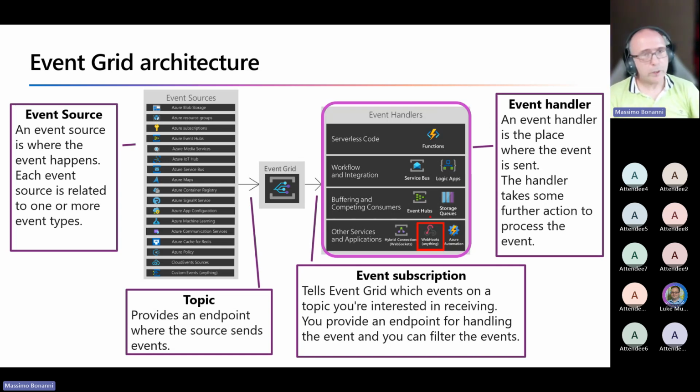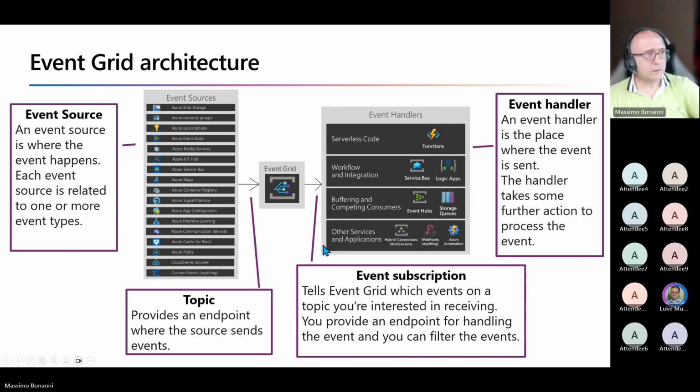Okay, we will use the function in this session, but you can use what you prefer. Also, because it's a pub-sub, you can have a function that does something, a service bus to communicate with other components, a logic app to do other stuff, and so on. So you can have multiple handlers, because it's a pub-sub.